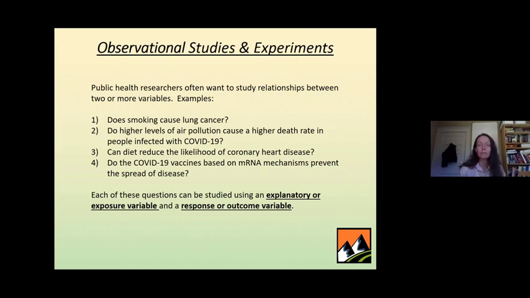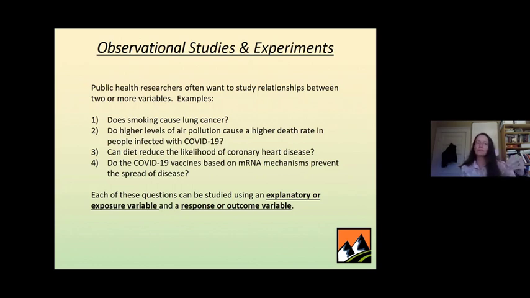Can diet reduce the likelihood of coronary heart disease? Do the COVID-19 vaccines based on mRNA mechanisms prevent the spread of disease? So a lot of these questions are really indicating this question of, can we say that changing one variable can cause a change in likely outcome in another variable?